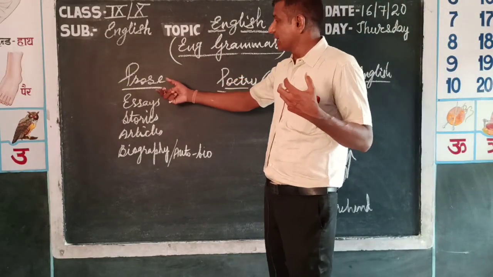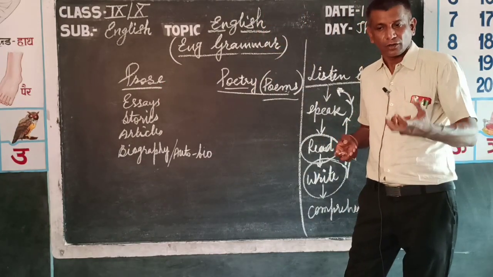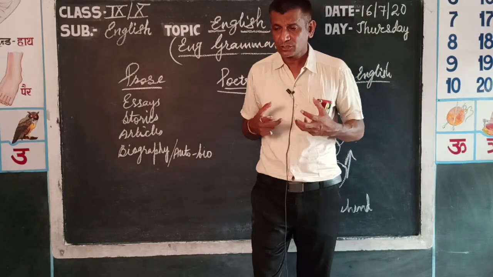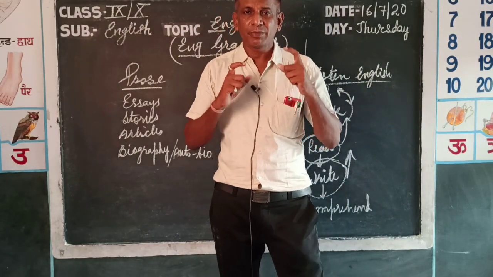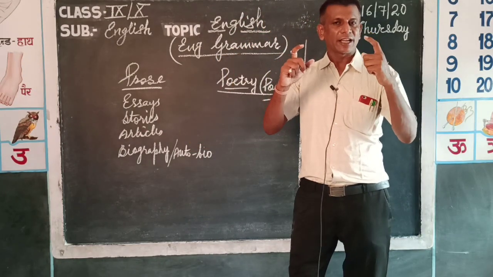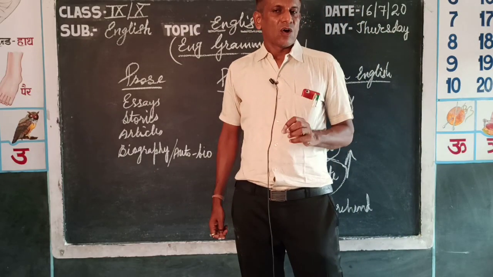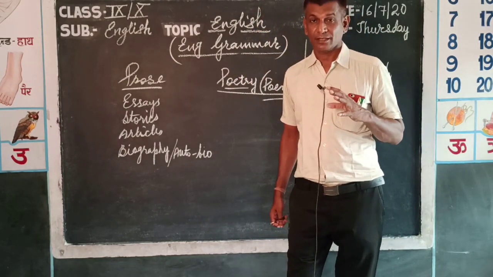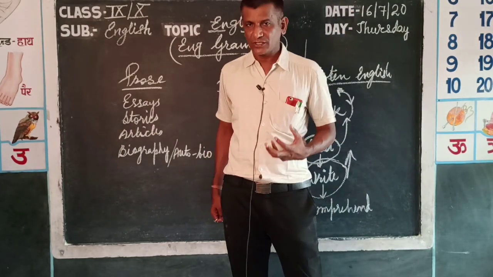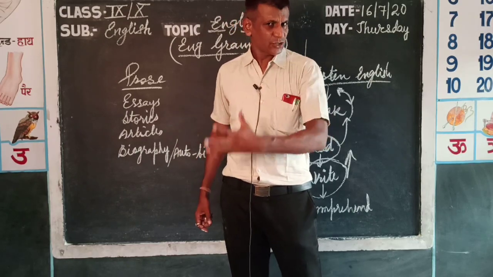When you study your textbook, you study prose, learn to comprehend. So studying in an English medium school means you must be able to speak that language very well, very fluently, with the exact standard of English, with exact pronunciation, with exact expression, with naturalness.